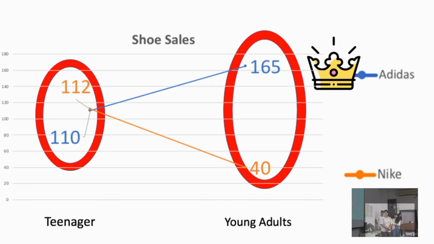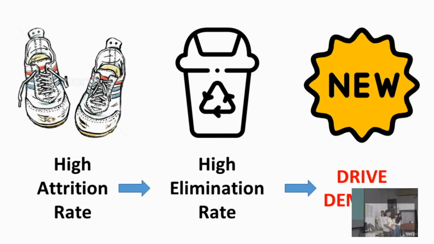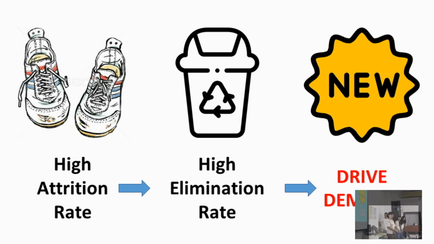From that, it can be inferred that one of our target customers, young adults, have a higher degree of preference for Adidas. And when comparing the 2 different kinds of shoes, basketball shoes have a high attrition rate. So therefore, they have a high elimination rate.